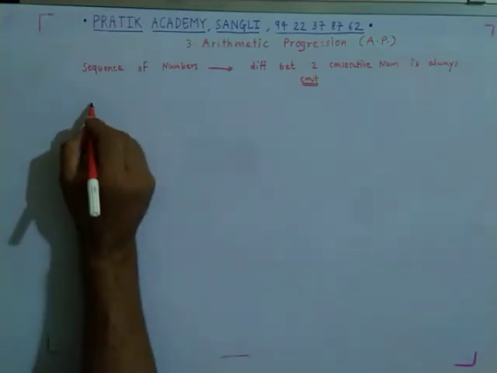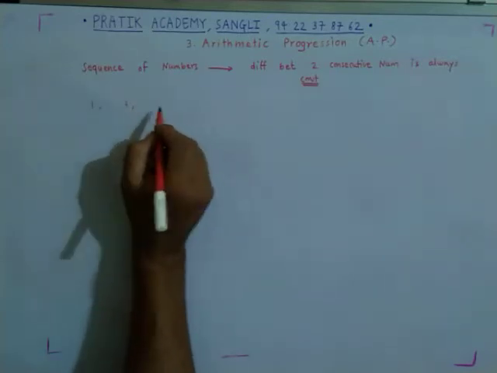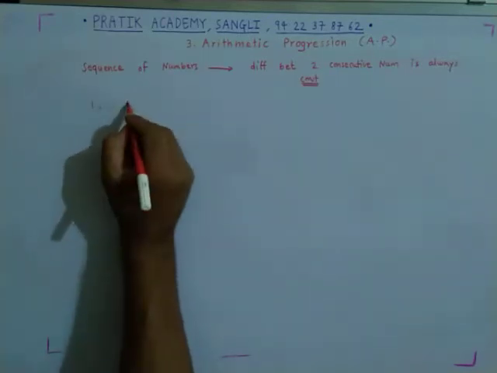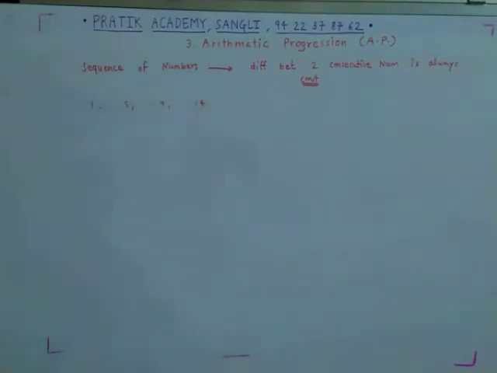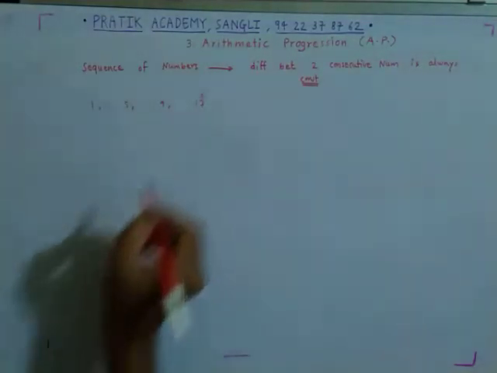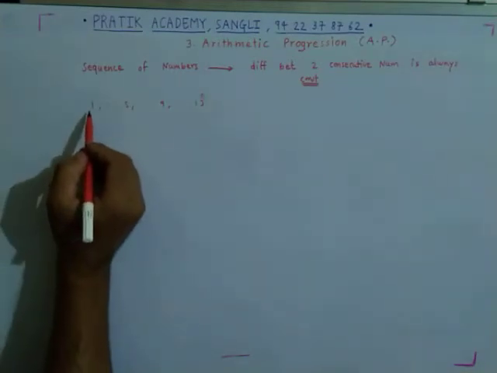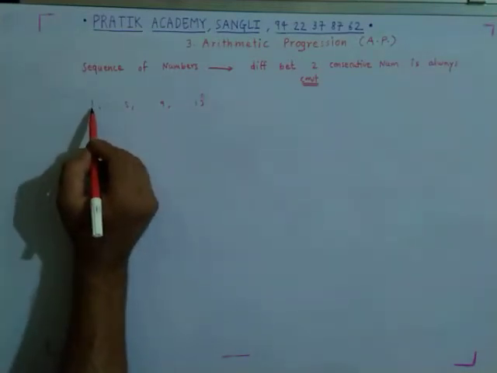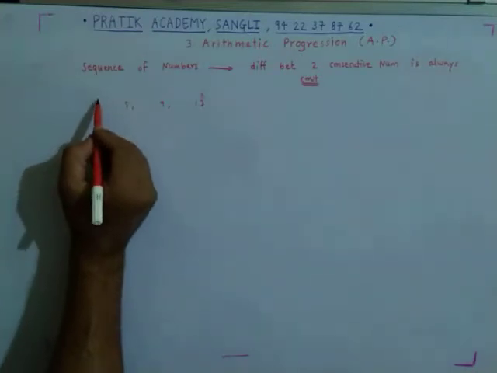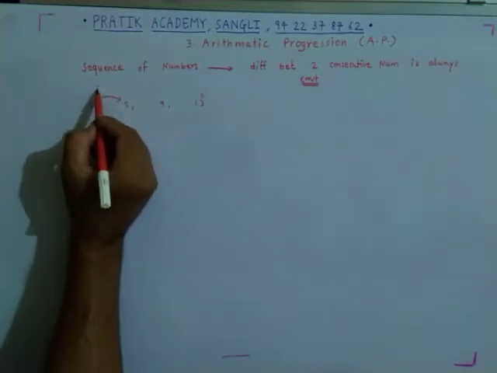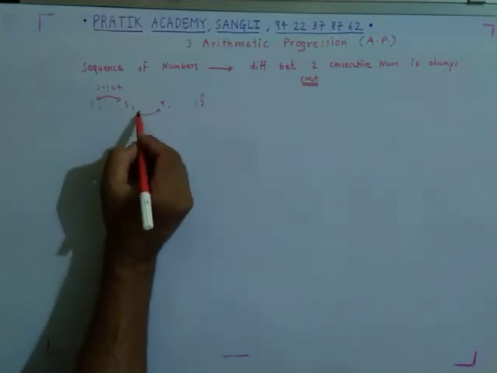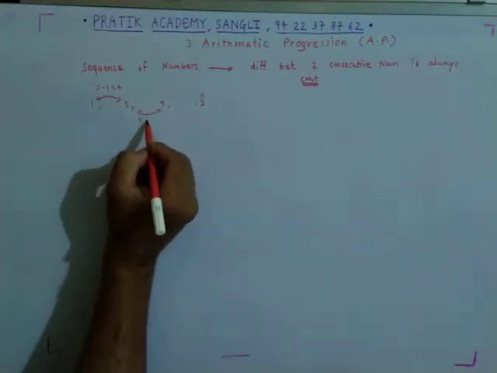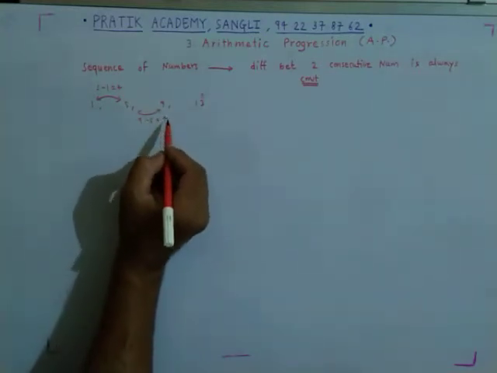Let's take one example: 1, 5, 9, 13. If you observe here, 1, then 5, the difference between them is 5 minus 1, which is 4. The difference between the next two consecutive terms, 9 minus 5, is again 4.